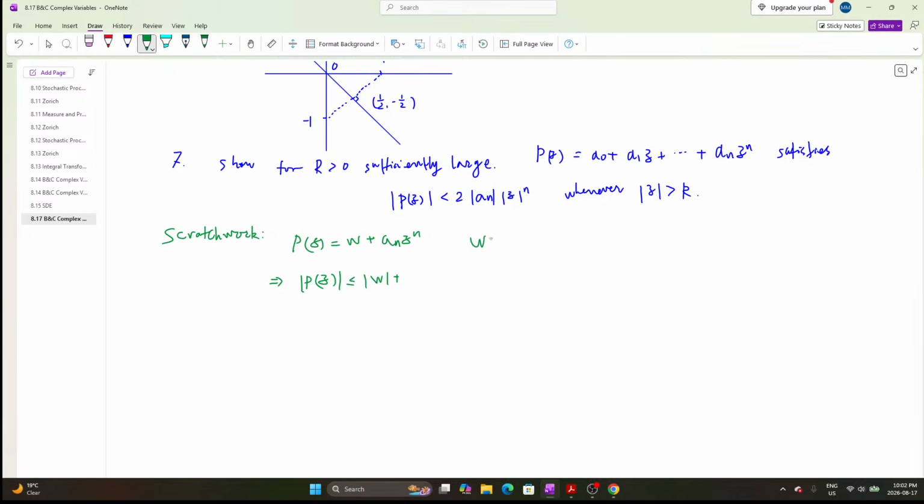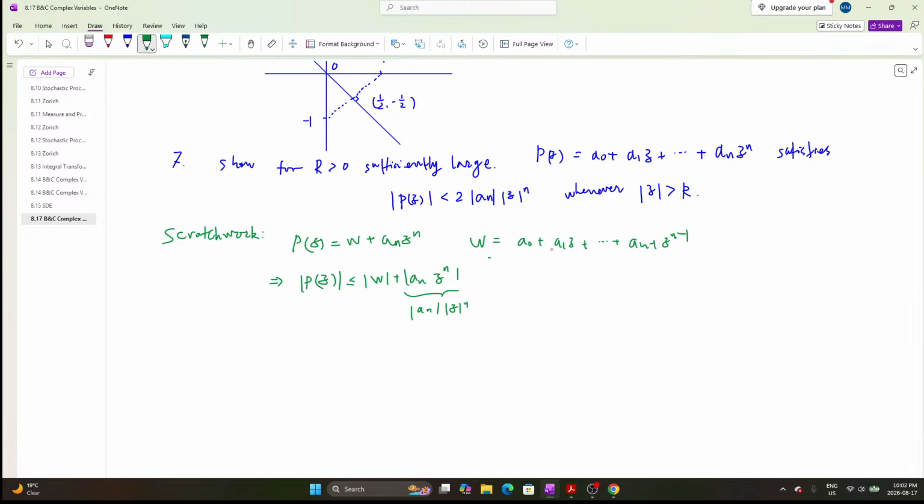So w is a naught plus a1 z plus all the way to an minus 1 times z to the n minus 1. By the triangle inequality, p of z modulus is less than or equal to w modulus plus an times z to the n absolute value, and of course the dominant term is just an absolute value times z absolute value to the n.